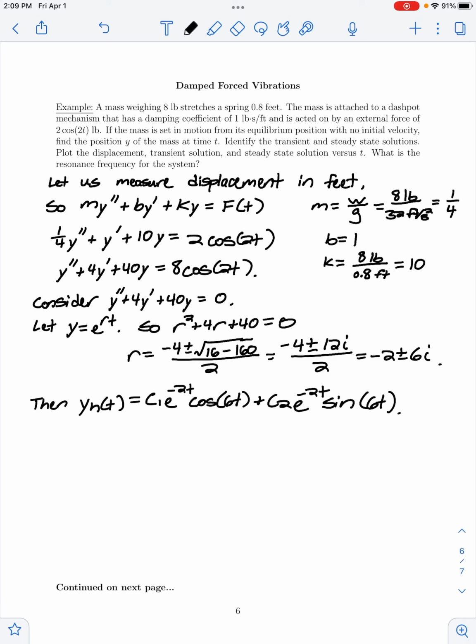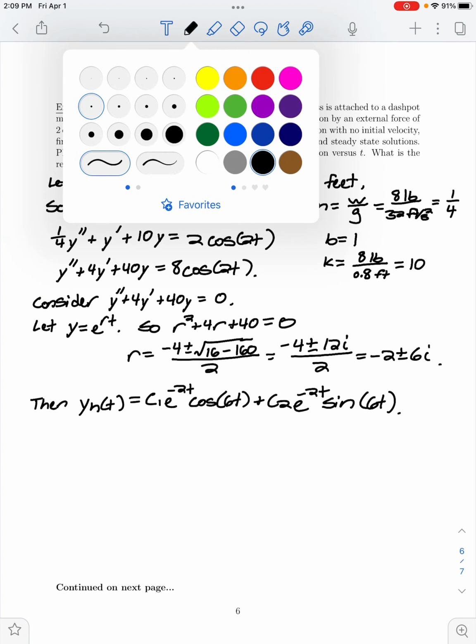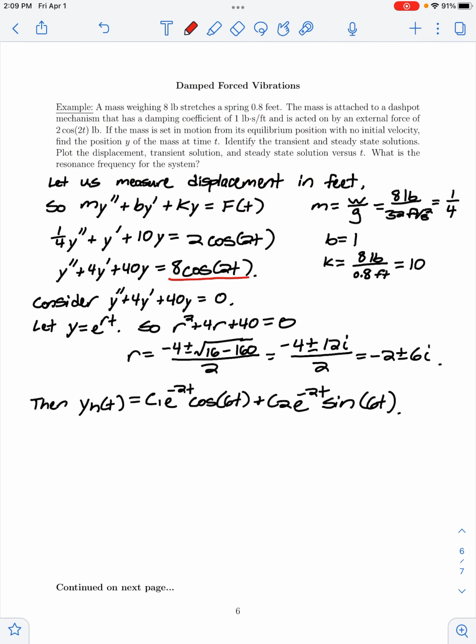Now our next step is to find a particular solution of the non-homogeneous equation. So let's make use of the method of undetermined coefficients. We see that our forcing function on the right-hand side is a constant times cosine of 2t. And so let's consider a particular solution of the same form. y of t is equal to some constant a times sine of 2t plus b times cosine of 2t.